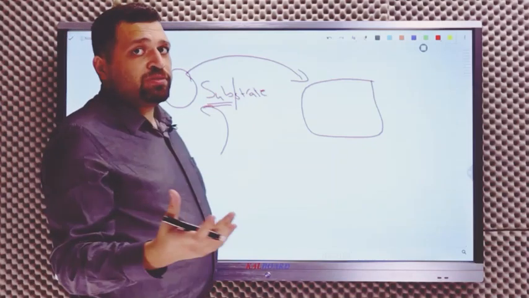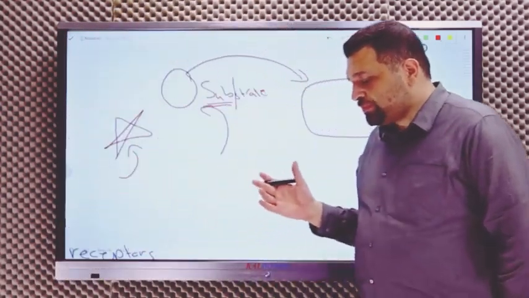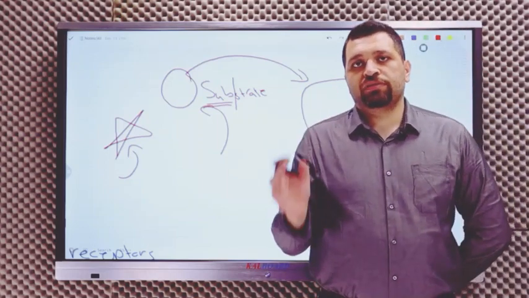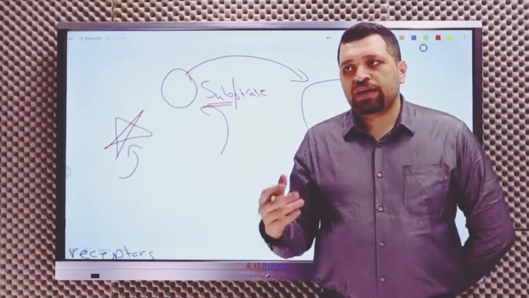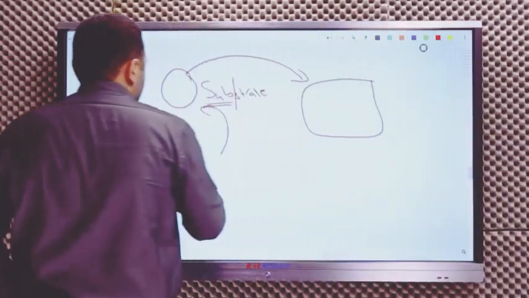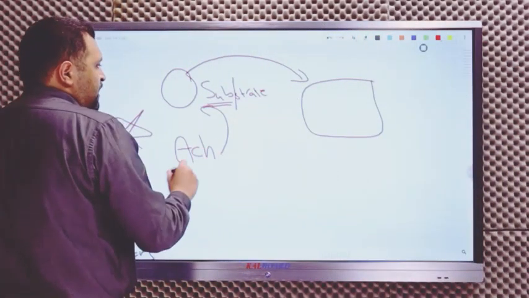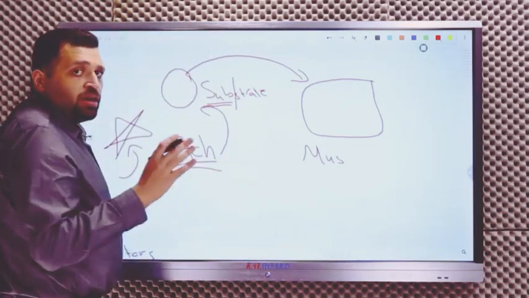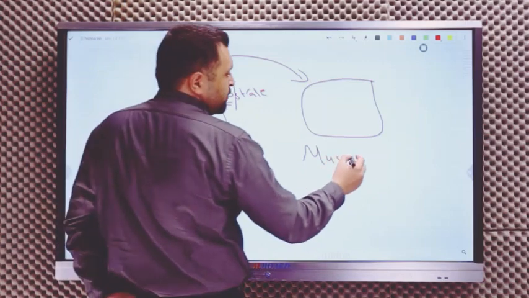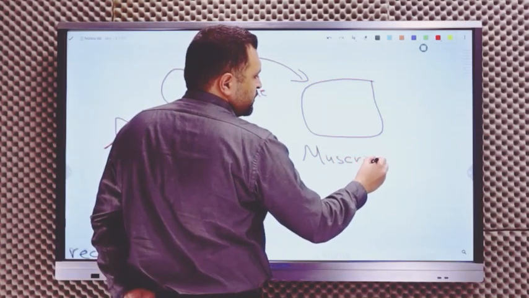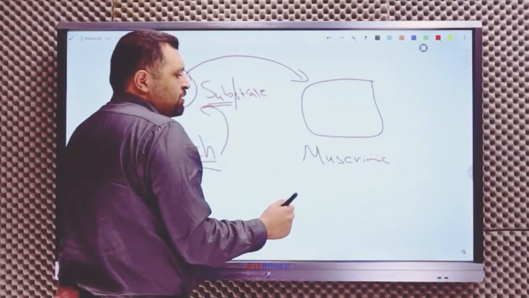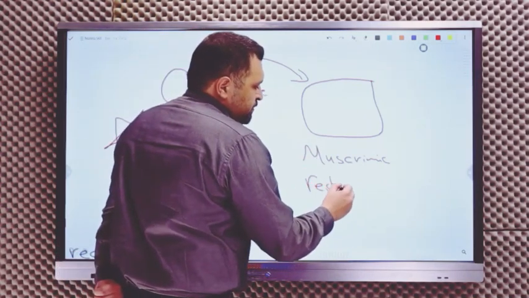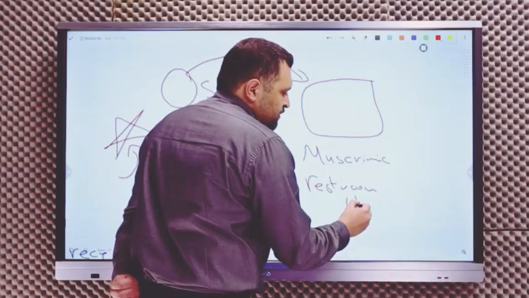So remember, from substance, substrate, it binds to the receptor. When it binds to the receptor, it makes our body do a certain function. For example, when acetylcholine binds the muscarinic receptor, acetylcholine is a natural substance in our body. When it binds to the muscarinic receptor, it might make you go to the restroom and urinate.